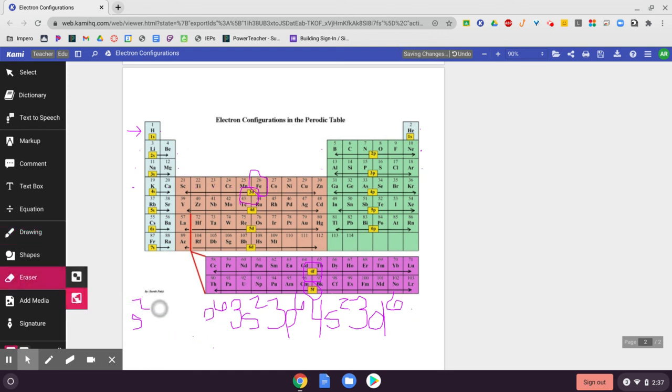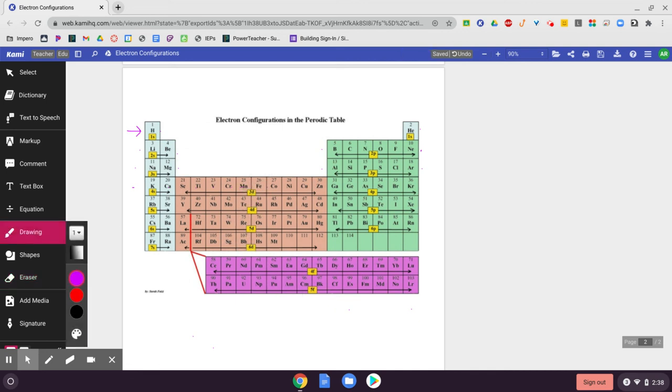Let's look at one more, and I'll make it a d block element so we can practice that again. Let's say that we want to write the electron configuration of zinc. It's atomic number 30, which means we have 30 total electrons in order to work our way to zinc.